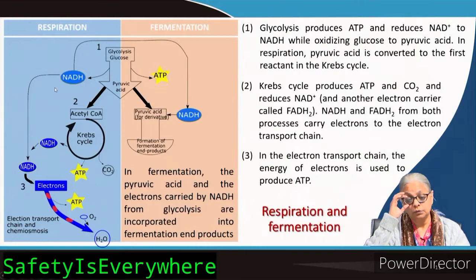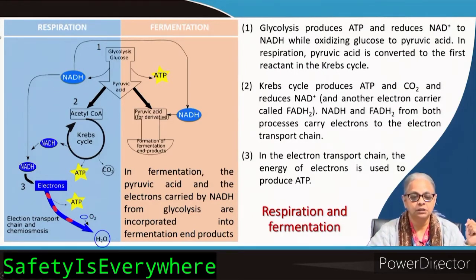Okay, so these are the two basic pathways, respiration and fermentation. Our starting compound remains our favorite. We all like sugar, that's glucose, so let's stick to it, right? So here we have glucose as our starting point. This glucose is a C6 molecule. This C6 molecule has to be broken down into a C3 molecule. Pyruvic acid is a C3 molecule.